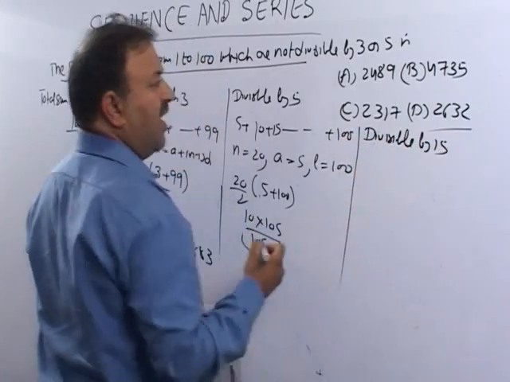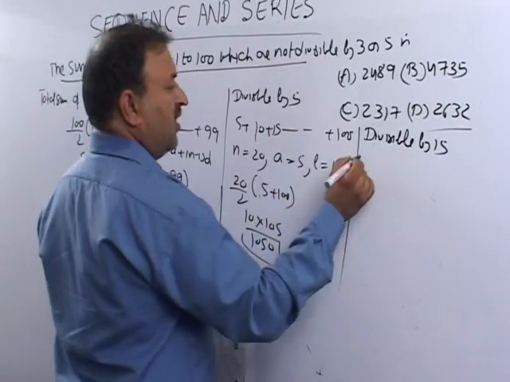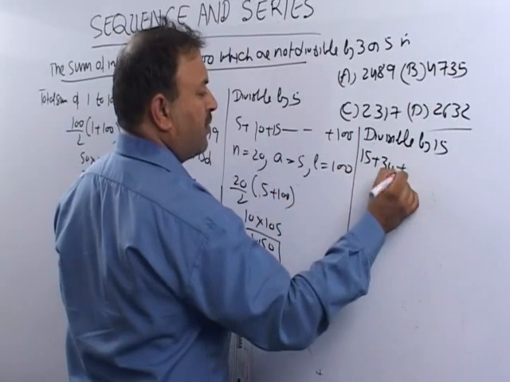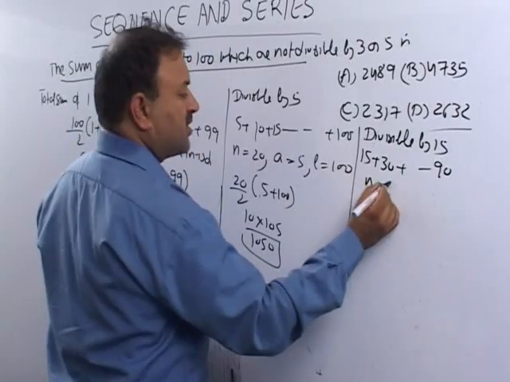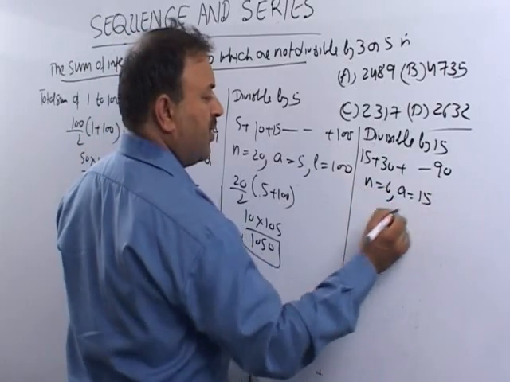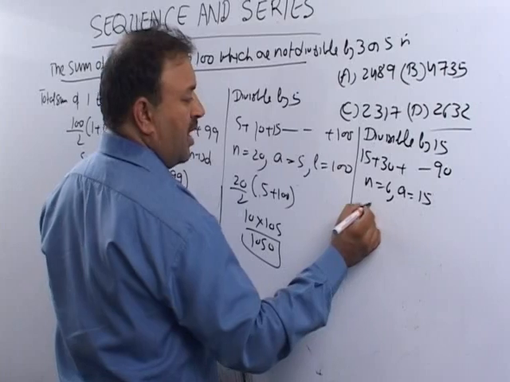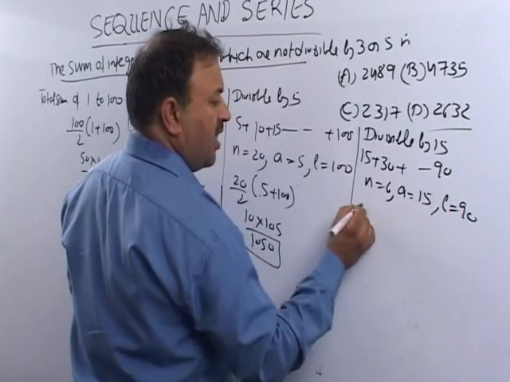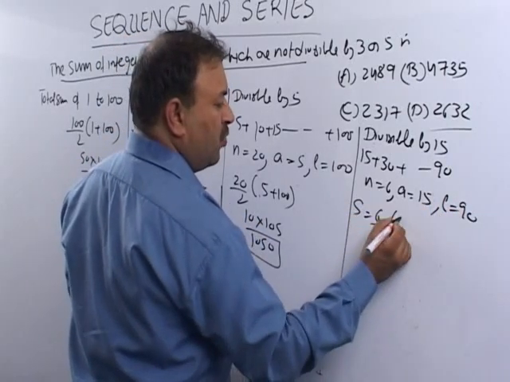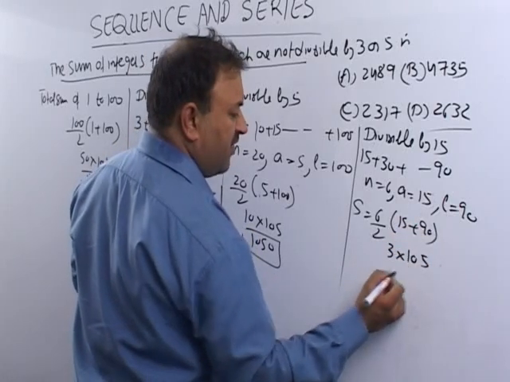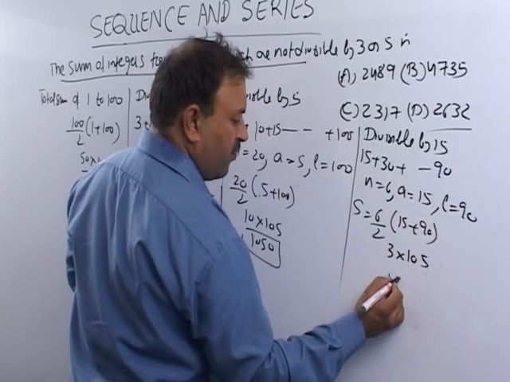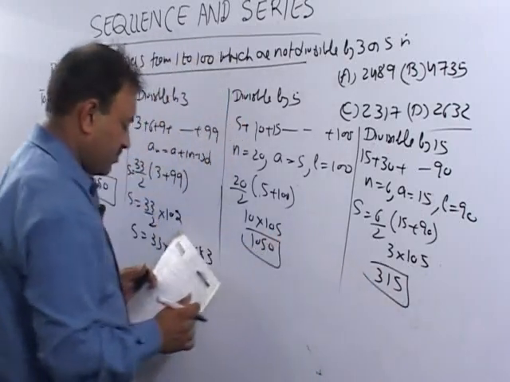Divisible by 15. It comes out to what? It is 15 plus 30 up to 90. So clearly number of terms is 6. A is 15 and the last term is 90. S is equal to 6 by 2 into (15 plus 90), 3 into 105. It comes out to be 315.